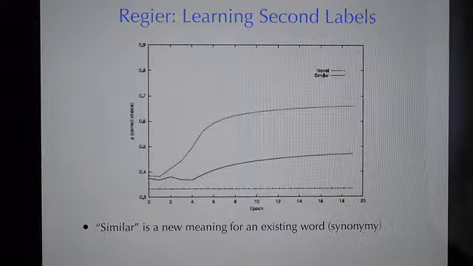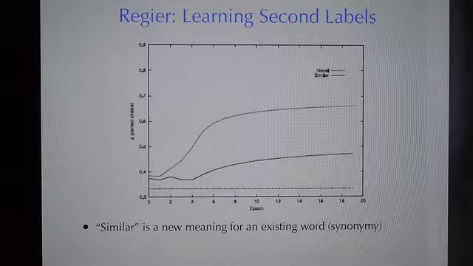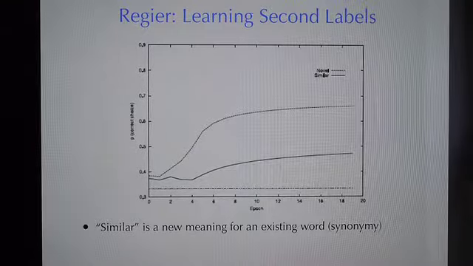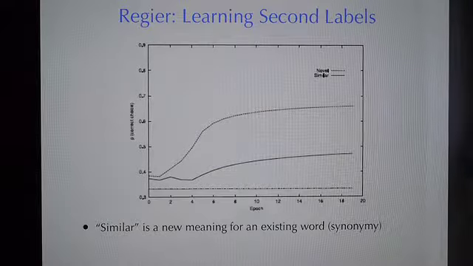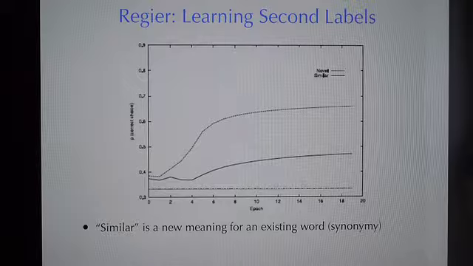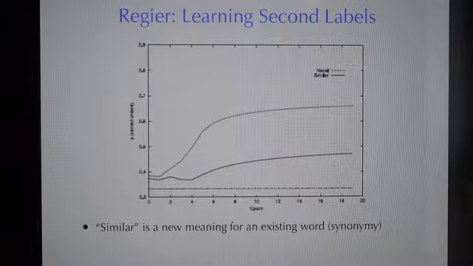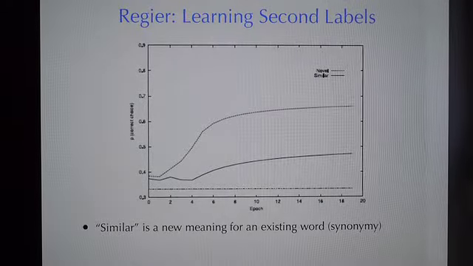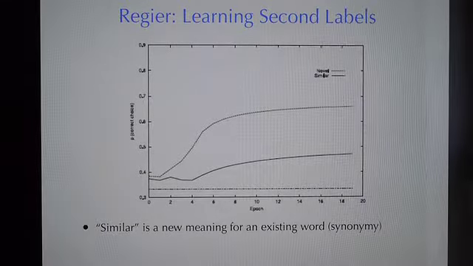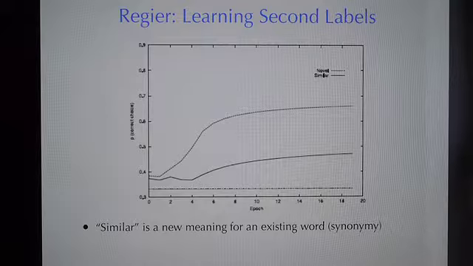And finally, Regier performed some experiments on learning second labels, and it shows that if the model is presented with a novel word, then at the beginning it does perform poorly, but it gradually learns the meaning of the word pretty well, and that's the dashed line.